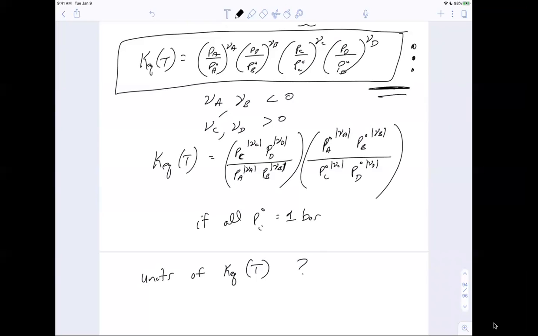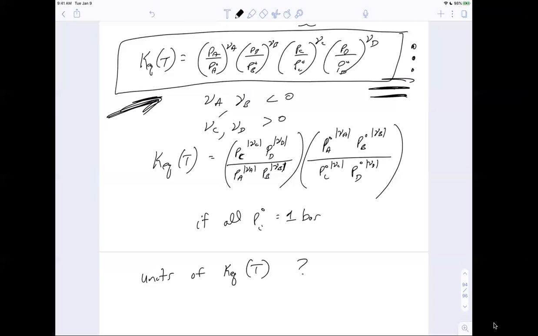So that's exactly right, Khalil. In this expression, we see that K equilibrium is a product of a ratio of pressures. So if PA, our partial pressure of A, is a half bar in the system at equilibrium, and PA superscript 0 is 1 bar, we have a half a bar divided by 1 bar, and that is unitless. The same goes for all of the other terms.